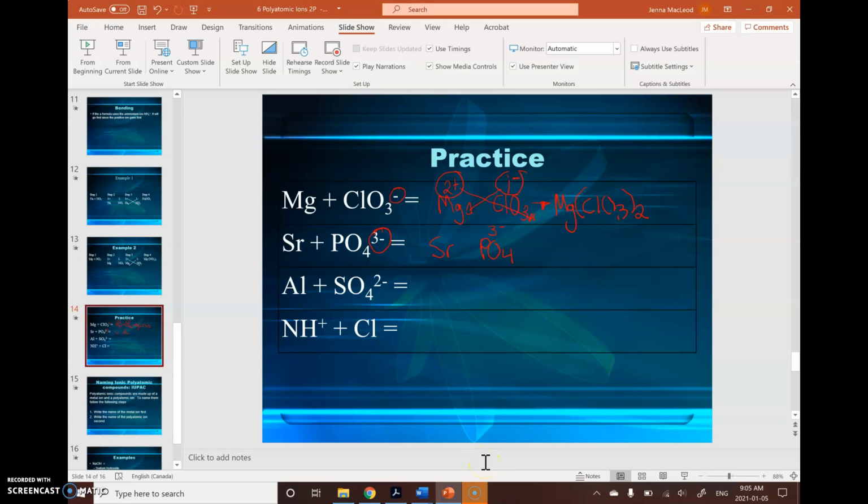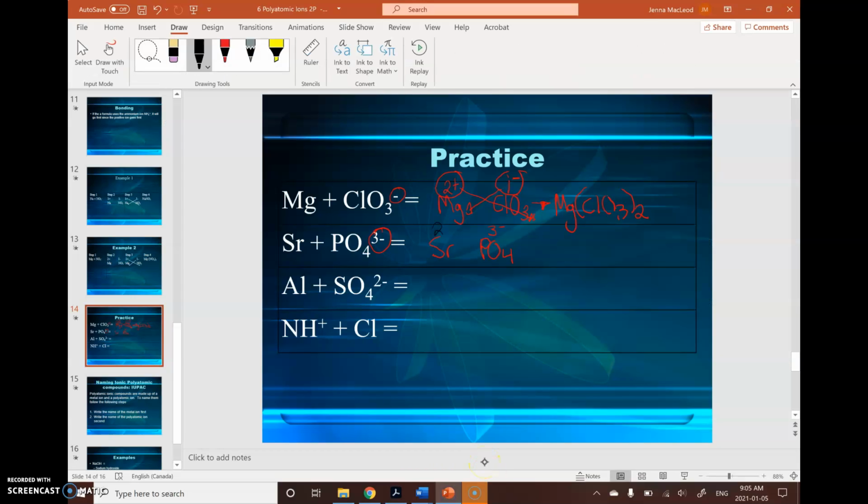So it is a 2 plus, and that's going to come down here, and that's going to come down here. So we're going to get Sr3, because this charge here comes down to the corner. And this is bigger than 1, so we're going to have a (PO4)2.